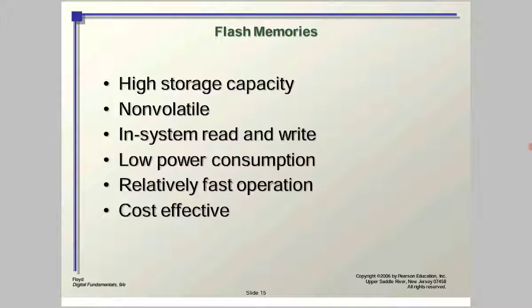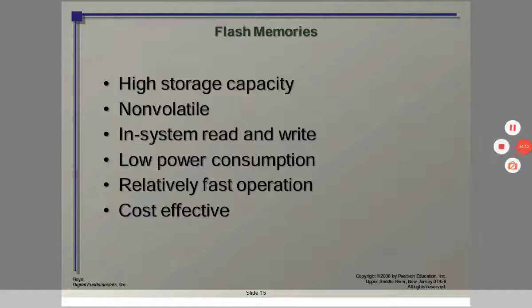Generally they have very low power consumption and very high speed data operation, meaning the input output data transfer is very fast. They may use USB 2 and USB 3 technologies for transferring files from your flash card to main memory or secondary memory. They are also cost effective, very cheap and low cost.